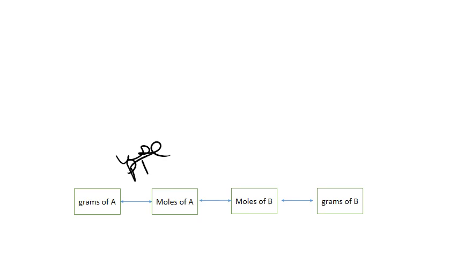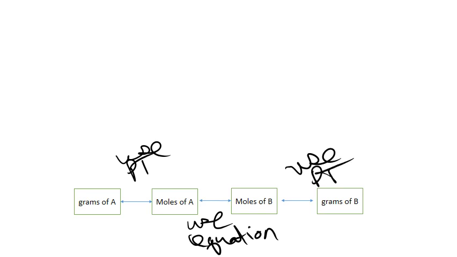The next step would be going from moles of A to moles of B, and when you're converting from moles to moles, you use the equation. Then the last step would be going from moles of B to grams of B, and here again, you use the periodic table. Keep this in mind, keep this out and look at it to help you while we do some examples.